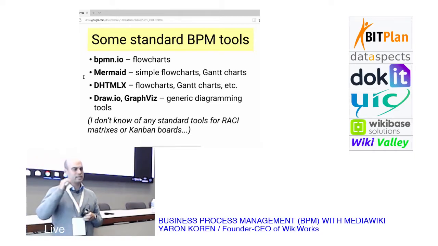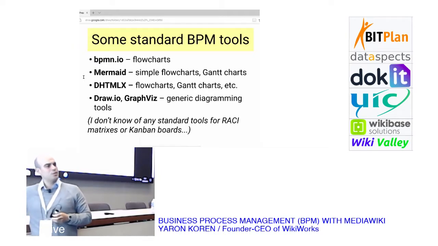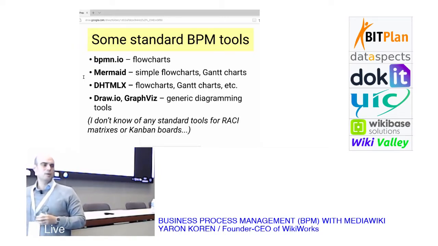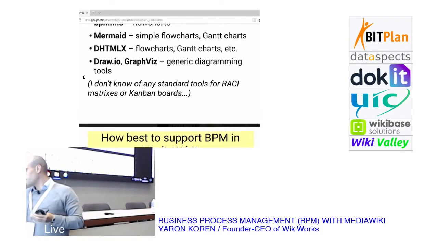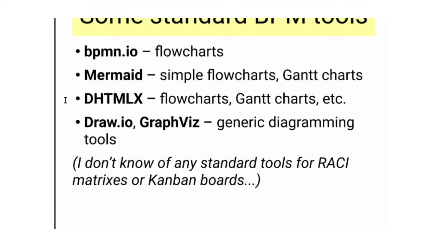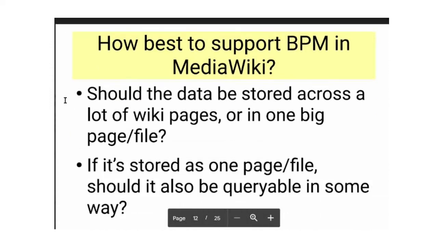GraphViz is server side, and the others are client side. I don't know of standard tools for RACI matrices or Kanban boards. I didn't look too hard, but obviously there's applications that have them, but in terms of open source JavaScript tools to let you integrate into your system, which is the relevant thing here.